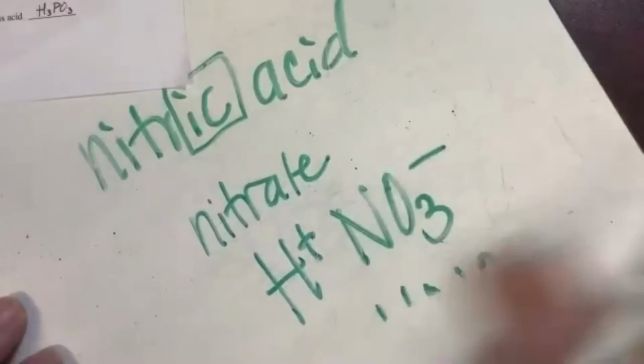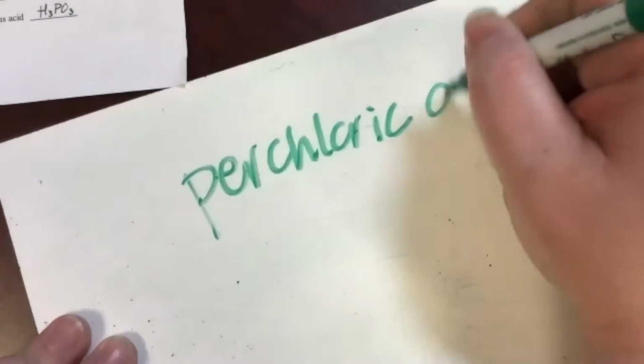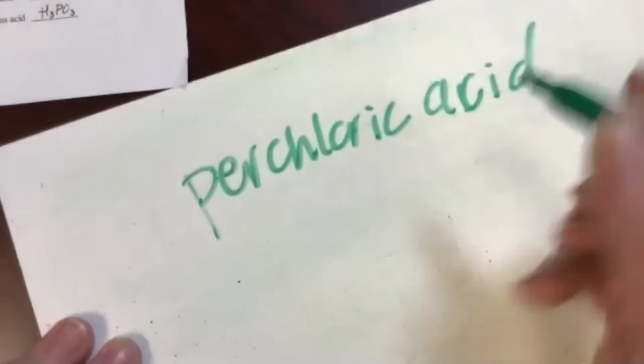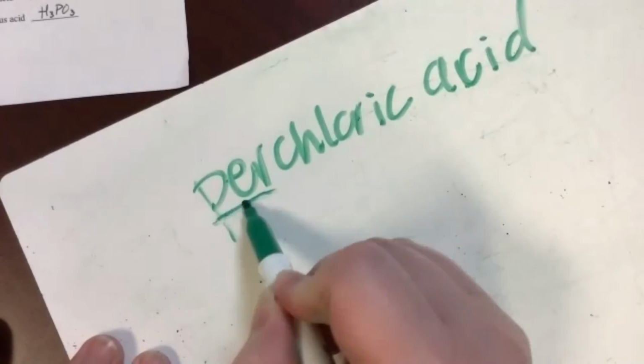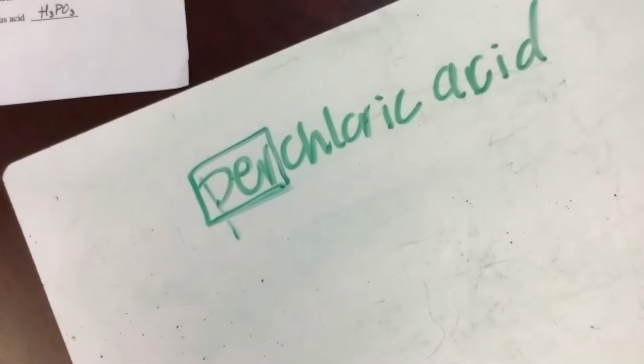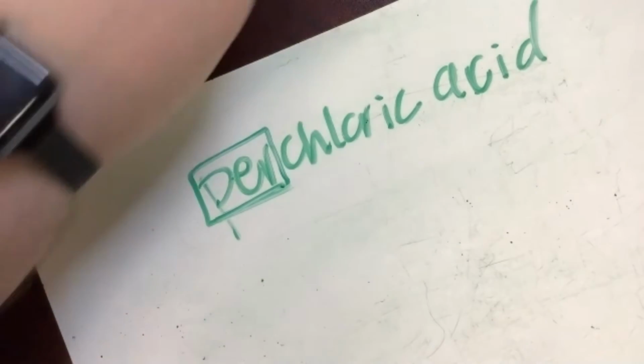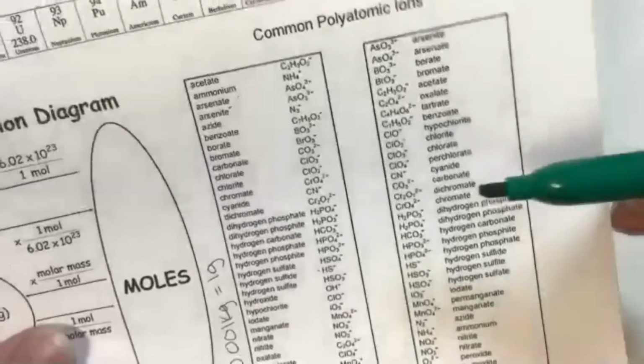All right, last one is perchloric acid. Now this prefix here is specific. That's one of the ones that if you see it, it means it came from somewhere else. You have to leave it alone. Don't touch it. So let's see if we can find something called perchlorate or something on here.